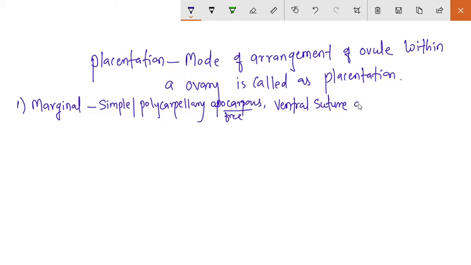So this is known as the marginal placentation, and the placenta may be attached in two vertical rows. म्हणजे व्हेंट्रल सुचर, डॉर्सल सुचर, अशा व्हर्टिकल रोज मध्ये प्लासेंटा अरेंज केलेला असतो. Example: pea.